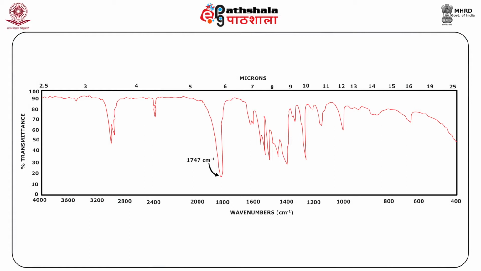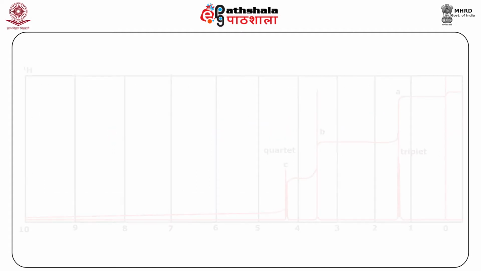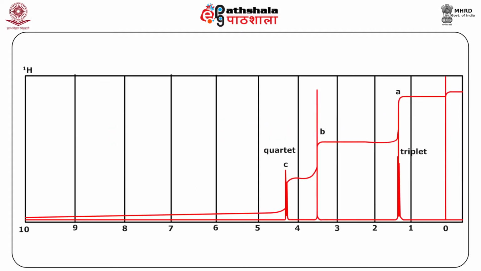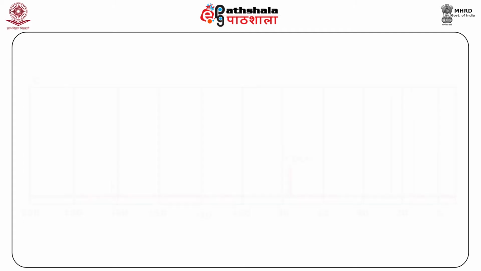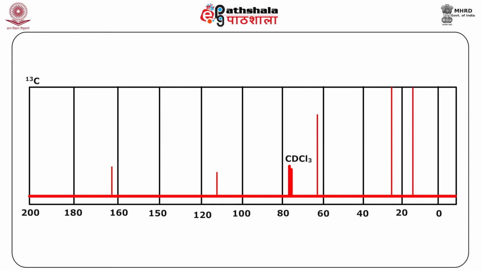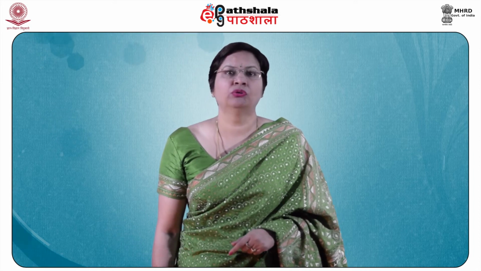You can notice the band appearing at 1747 centimeter inverse. Now you are being shown this NMR spectra. Notice there is a quartet and a triplet, and then shown now is the 13C spectra, where you are given these particular peaks for the carbons. Let us try to interpret this data and find out the structure of the unknown organic compound.